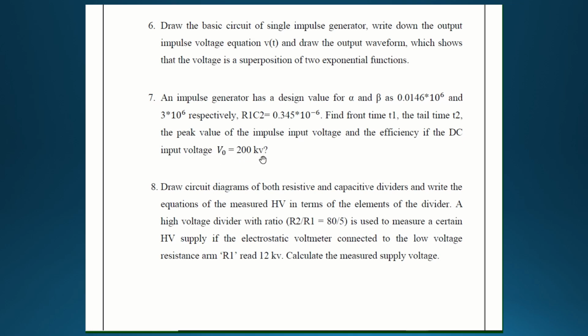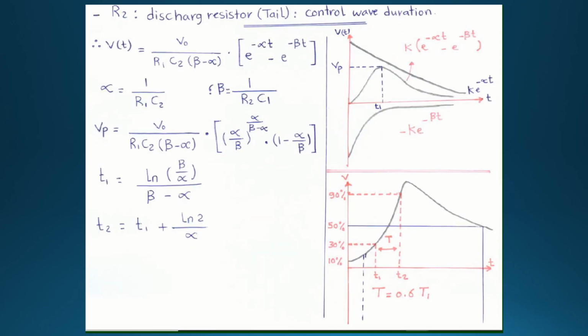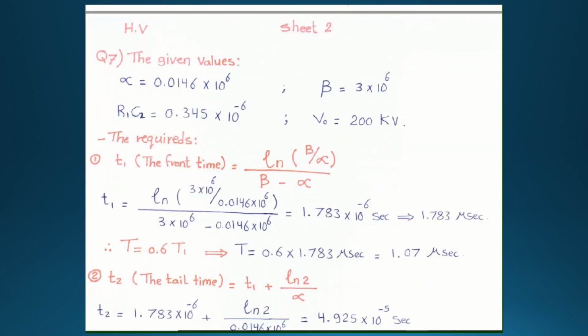So we have many requirements and many given values, but the good thing is that we have the formulas. I just explained the formulas in question 6. Okay, guys? So let's move on to the answer sheet and see how we can solve this question.